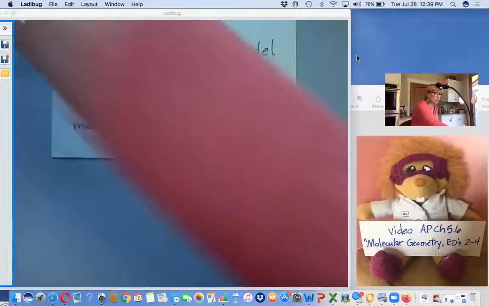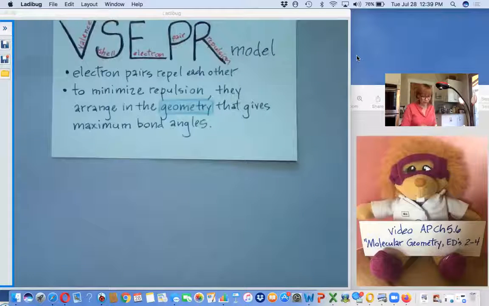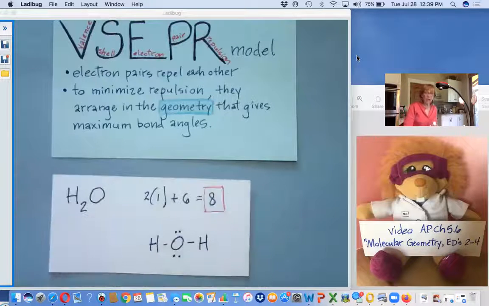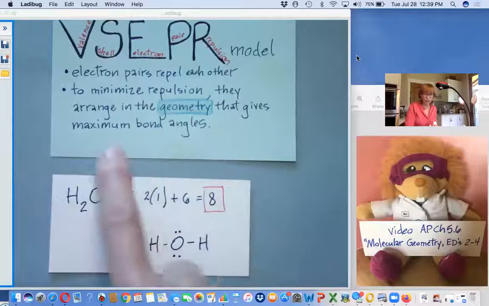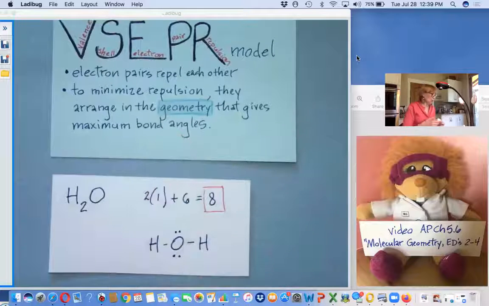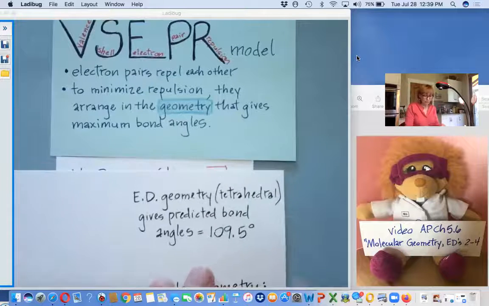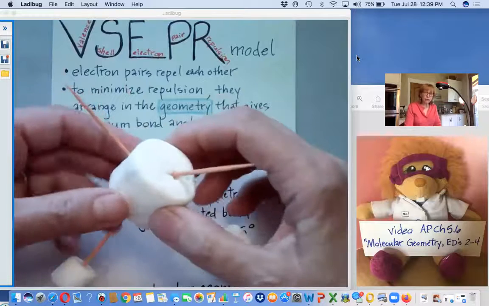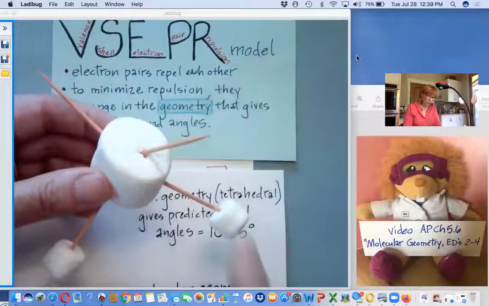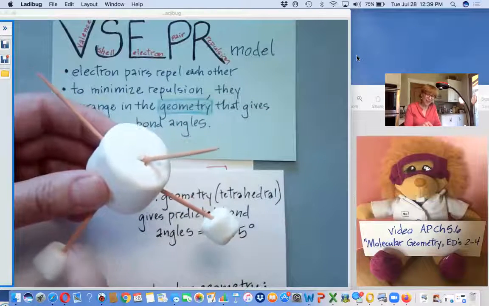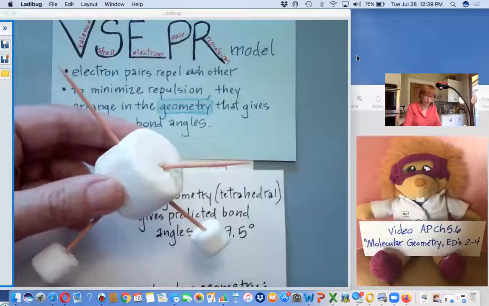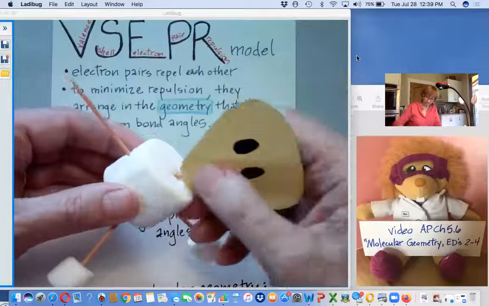So that means that you're going to grab your marshmallow and 4 toothpicks and orient your 4 toothpicks in the tetrahedral arrangement. That's the geometry that gives the best bond angles. And we predict that the bond angles would again be 109.5. However, out of those 4 electron domains, only 2 of them are bonding pairs, and the other 2 are non-bonding pairs.